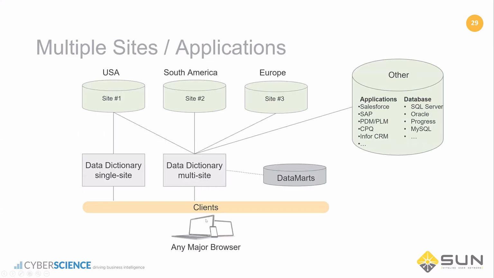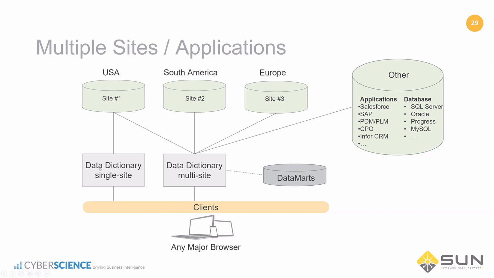Okay, kind of a graphic summarizing what we've just gone through. So starting down here at the bottom, any major browser, that's all the users need. They're going to connect to the Cyberquery server. That's going to be at your facility or your hosted environment. One user may connect in, and they may only see one table or only one site worth of data.